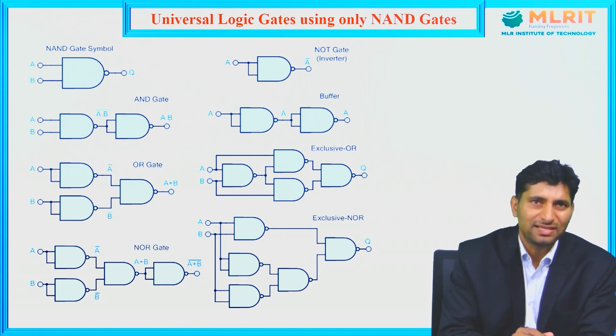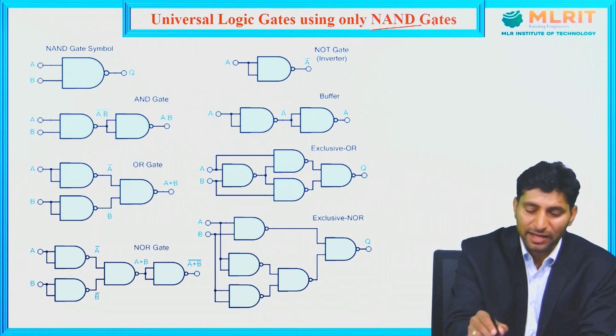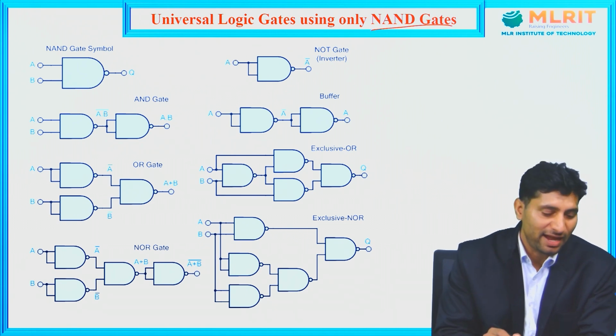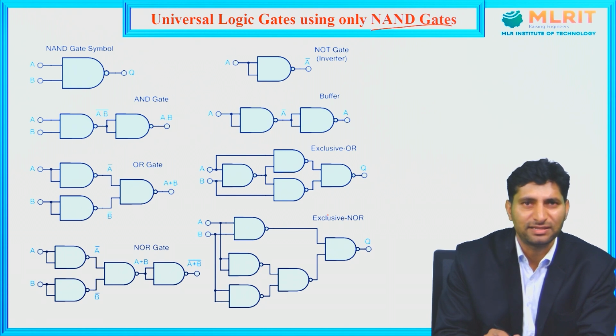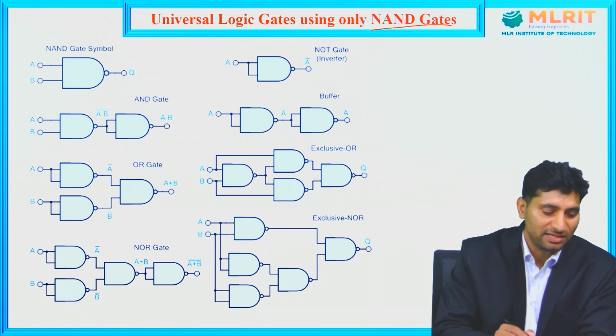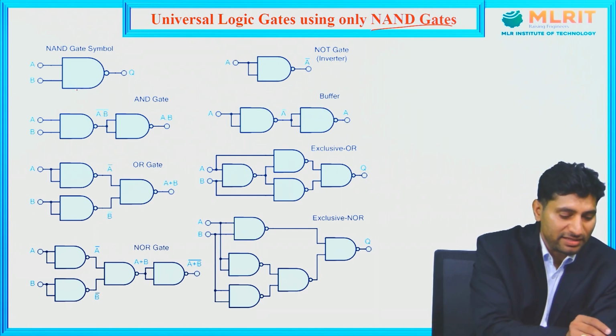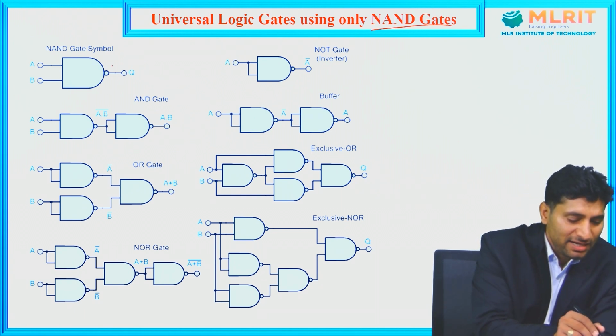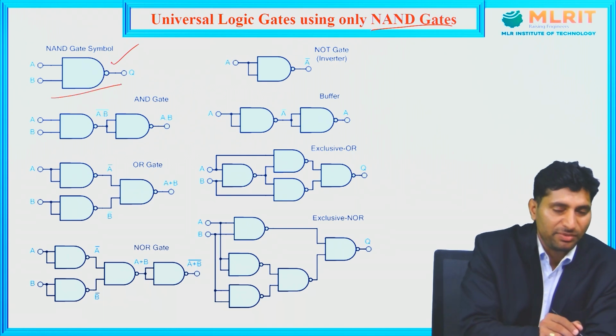Just now I said NAND gate is a universal logic gate. I can implement any logic gates like AND gate, OR gate, NOT gate, XOR, XNOR, NAND, NOR, all logic gates with the help of the NAND logic gate. You can observe in this. So, a NAND logic gate itself is a NAND logic gate. I can implement it like this.